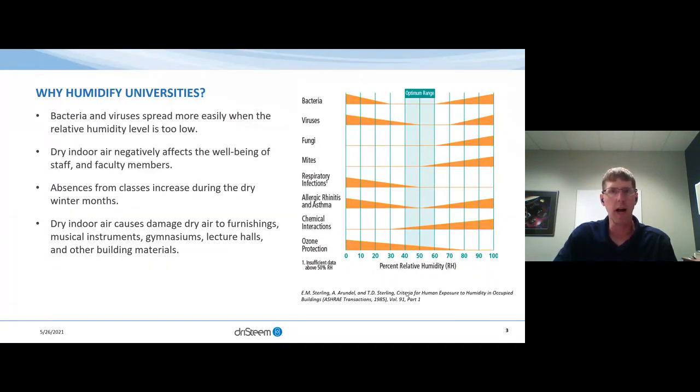You move to that optimal range between 40 and 60% relative humidity, it's not ideal for those substances. And so that's something that we'll continue to look at, but it's a great study done back in 1986 regarding humidification and the benefits towards people and health and wellness.